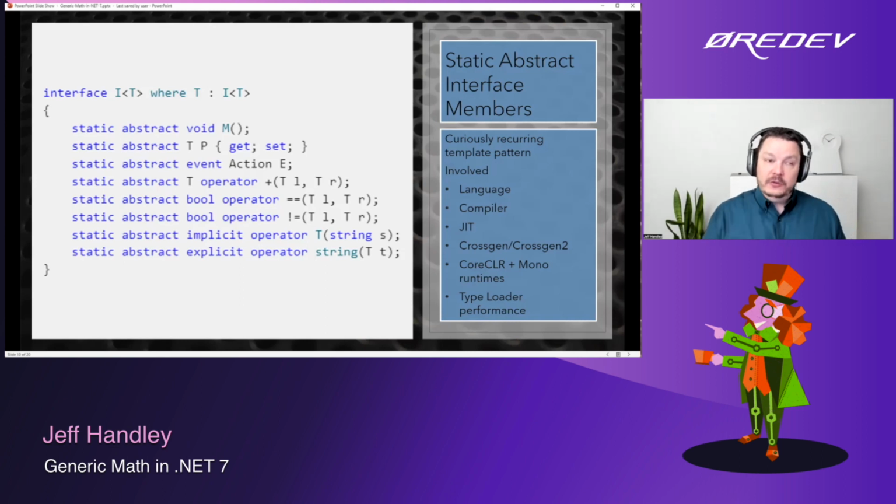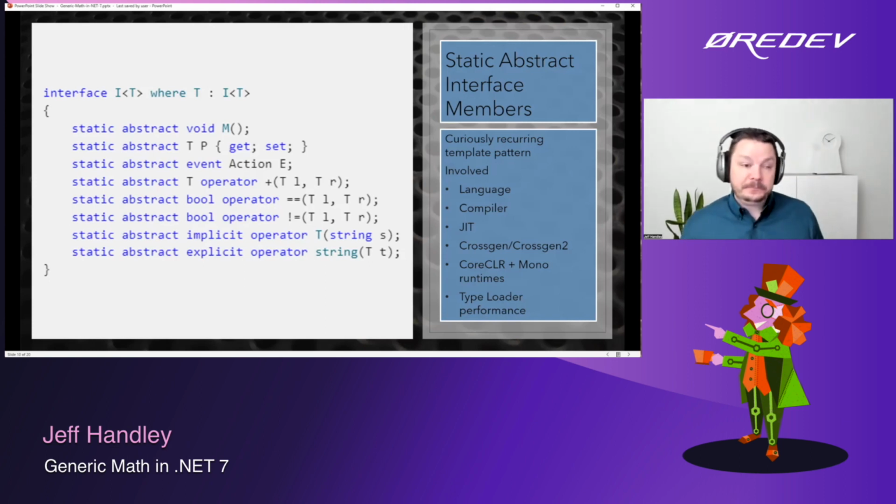You can now start to use static abstract interface members to define factory interfaces. So things like double.CreateChecked that you saw there, that's essentially a factory method of double saying, yes, I'll have a static method called CreateChecked where you can hand me any other INumberBase, and I'll create a double from it.